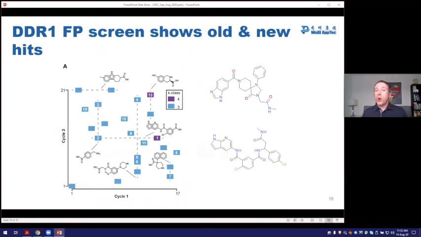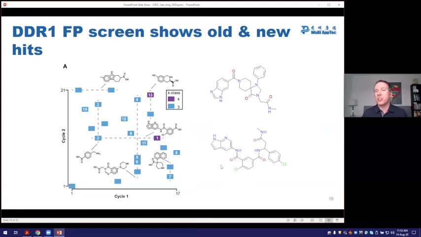Okay, so Brian and I, we make a small 60,000 member OBOC DEL, and we screen this DEL against DDR1, and we find the hits that you would expect. So hits such as this, I've actually shown you this exact structure which came out of our initial DEL screen. And we also found hits which we expected to find.